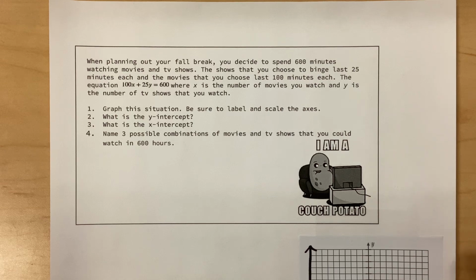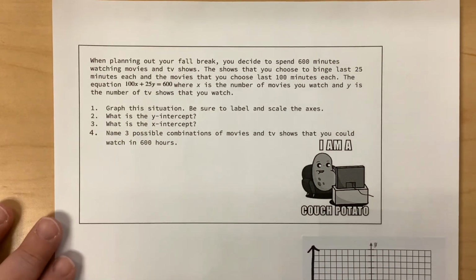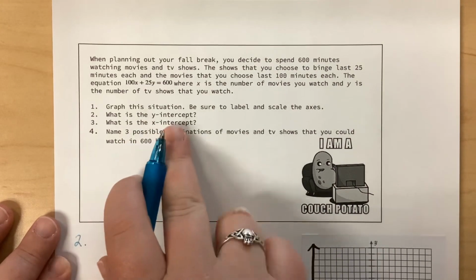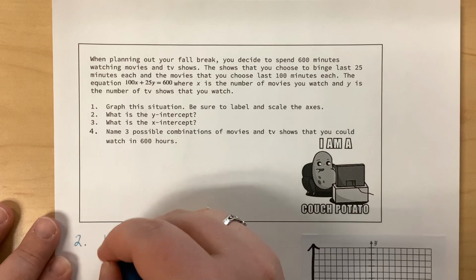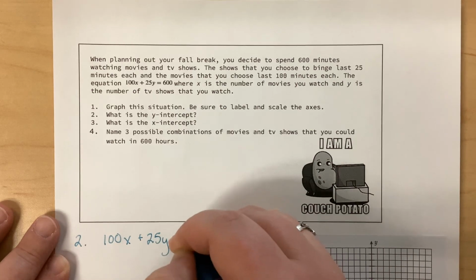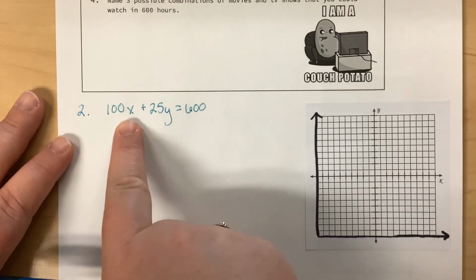Now, instead of graphing first, what I actually want to do is skip to numbers 2 and 3. So for number 2, it says, what is the y-intercept? So if this is my equation, and I want to know what my y-intercept is, that means x has to be 0.